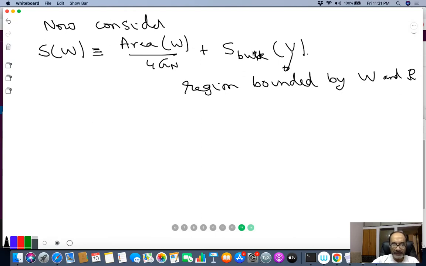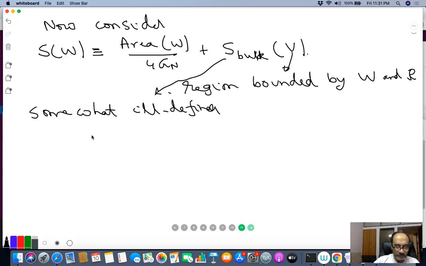Now, when I said precise formula, this is not so precise. This one is somewhat ill-defined due to UV divergence in entanglement entropy.